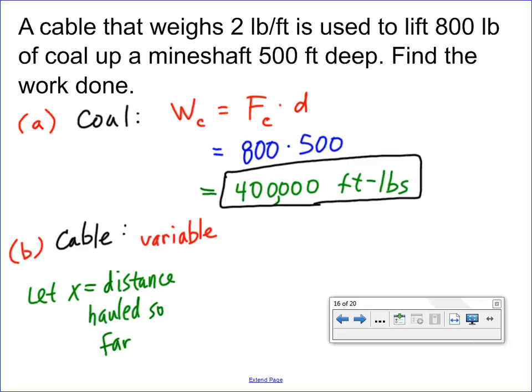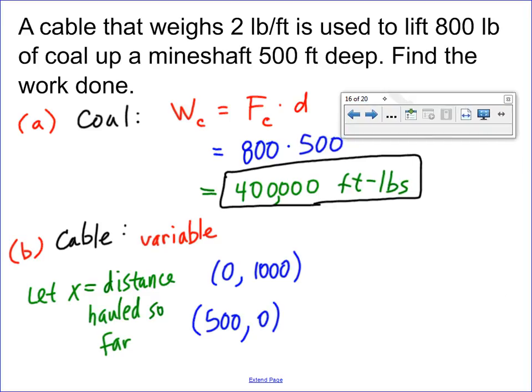Then the force required when 0 feet have been hauled would be 2 pounds per foot times the 500 feet, which is 1,000. I need 1,000 foot-pounds of force all the way through 500 feet hauled. Then I would be down to 0 force required because it'll all be at the top.